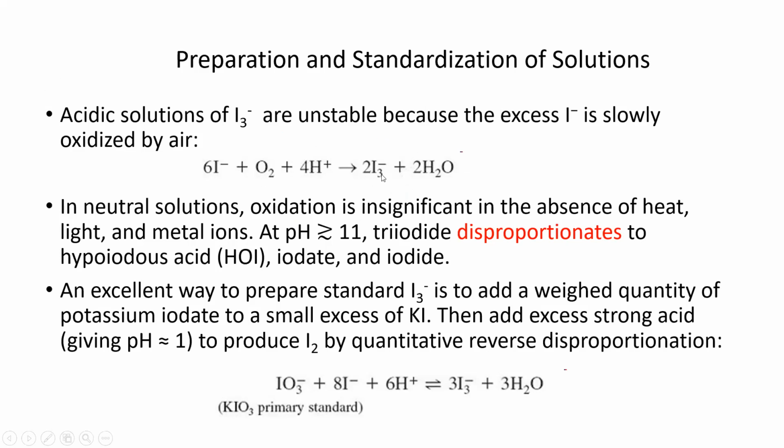In neutral solution, oxidation is insignificant in the absence of heat, light, and metal ions. But the triiodide can disproportionate to hypoiodous acid, iodate, and iodide. We look at that later on. So to prepare standard triiodide, you add potassium iodate to a small excess of potassium iodide. Then you add a strong acid to produce iodine.